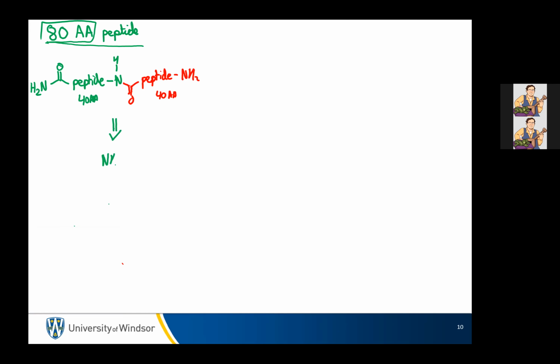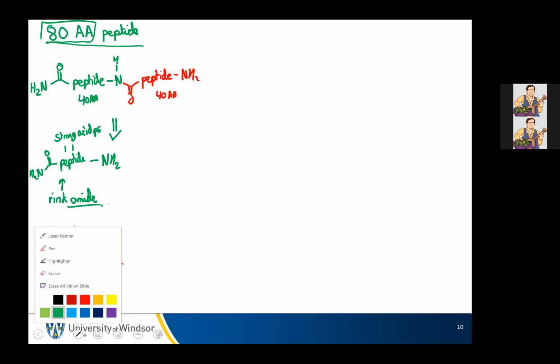Retrosynthesis arrow. So we make the green peptide using solid phase synthesis. Maybe on a rink amide. And maybe we choose strong acid protecting groups. And we have the red one.